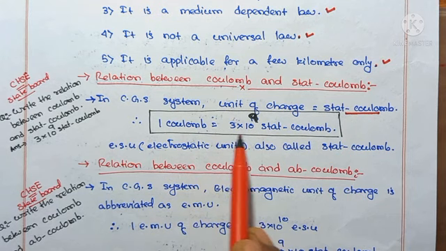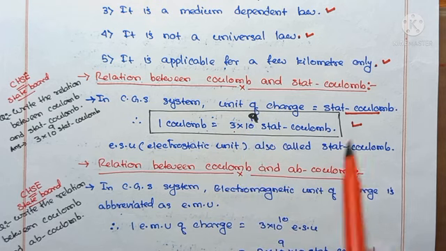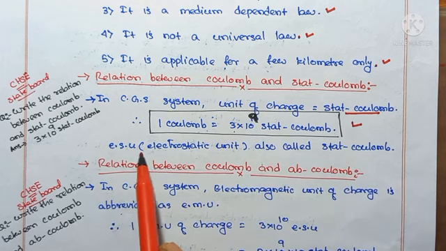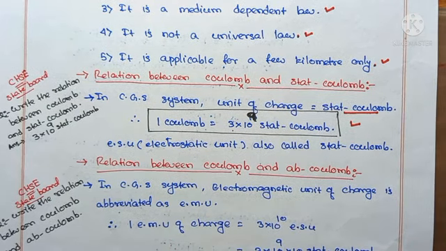So 1 coulomb is equal to 3 into 10 to the power 9 statcoulomb. The ESU, that is the electrostatic unit, is also called statcoulomb.